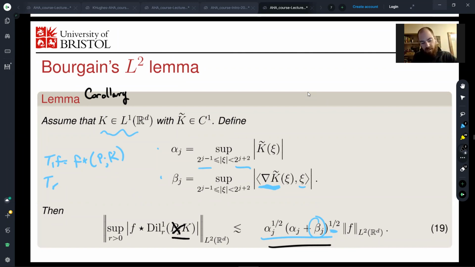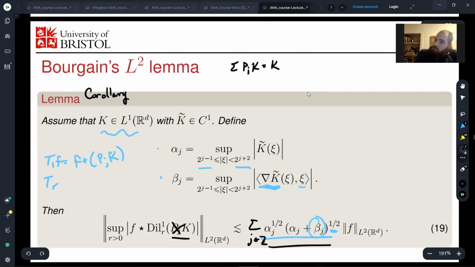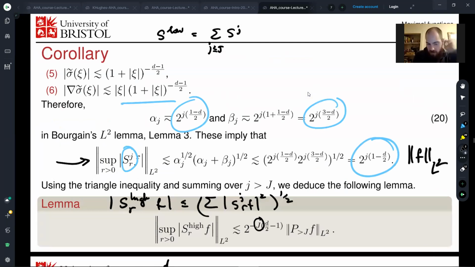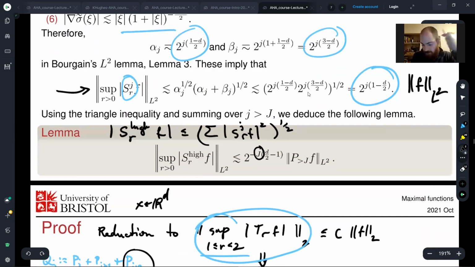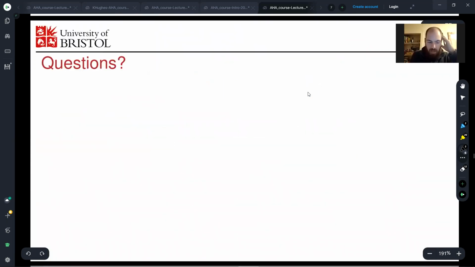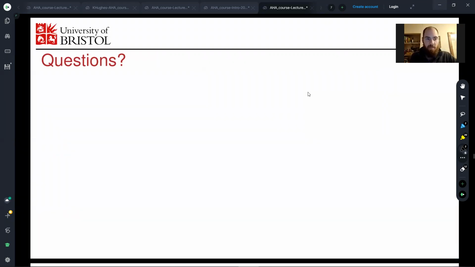Now, if I want to use the series, the sum of P_j of k is equal to k in a suitable sense, then this is going to be taken by summing over all the j's. Which we saw in this sort of thing, but we chose only high j's instead. Okay. Any questions on that? That was a bit terse, but I think it has all the details.